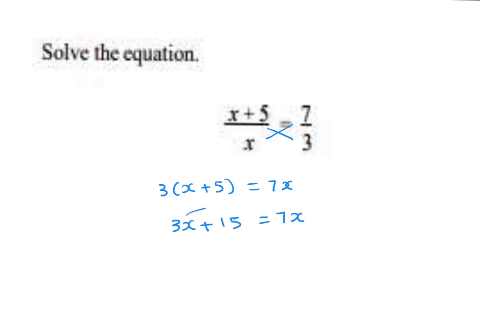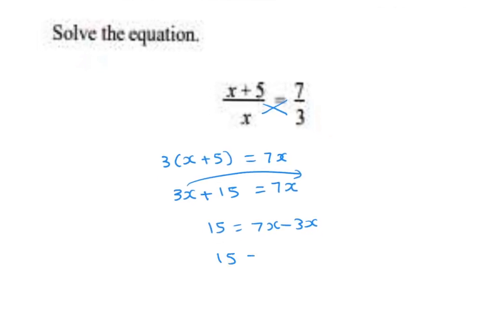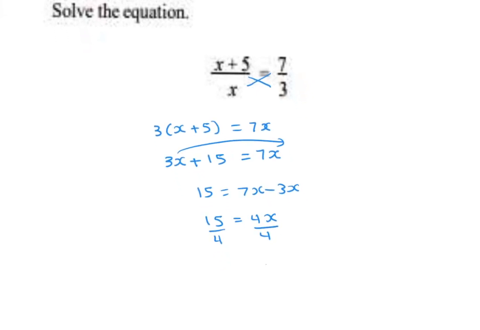We can transfer 7x to the other side. So now 15 equals 7x minus 3x. So 15 equals 4x. Divide by 4 on both sides. So x equals 15 over 4, or 3.75.